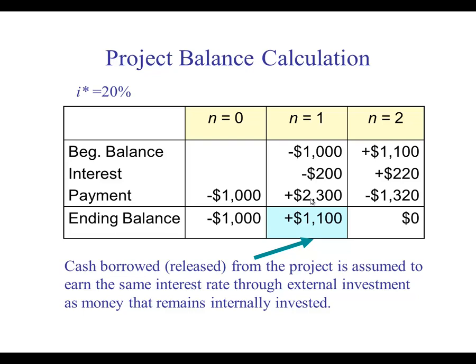Analyzing the cash, we can see that the cash borrowed or released from the project is assumed to earn the same interest rate through external investment as money that remains internally invested in the pool.